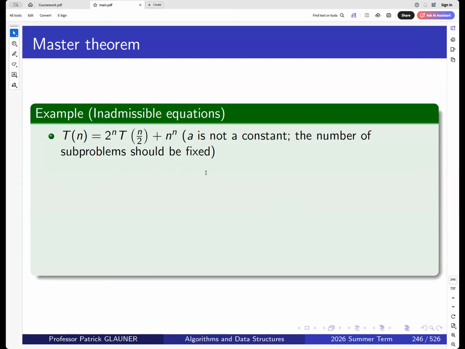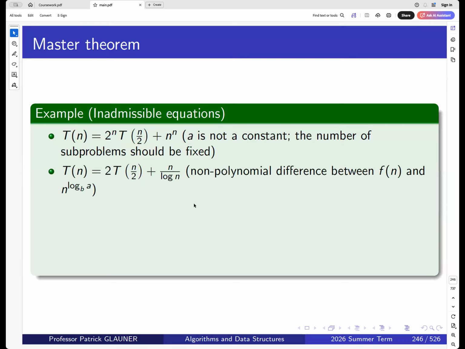If you have something like T of n is 2 to the power of n times T of n/2 plus something, this does not work because a needs to be a constant, and here a is not a constant because it's 2 to the power of n.